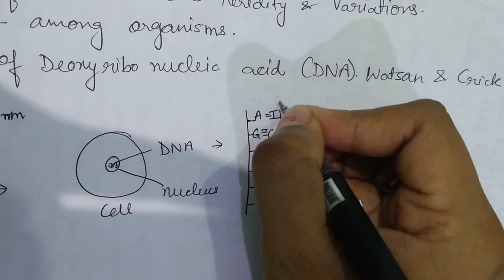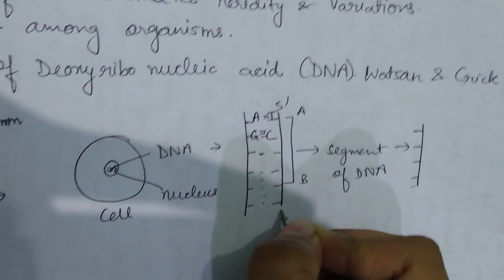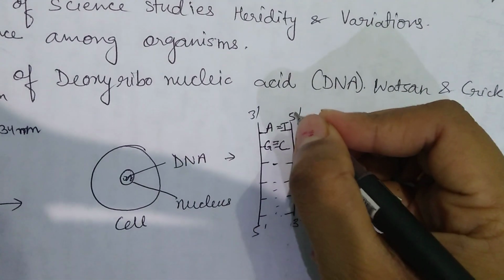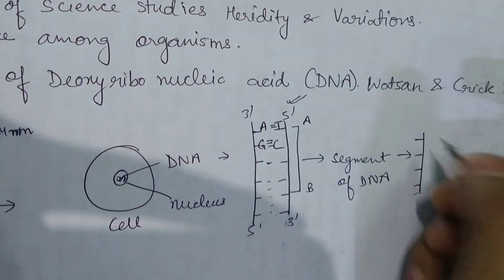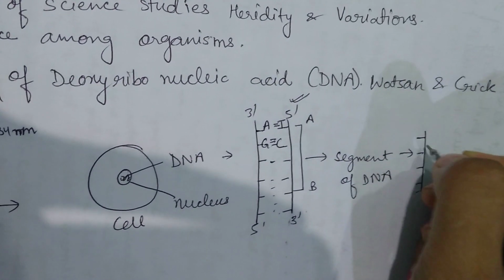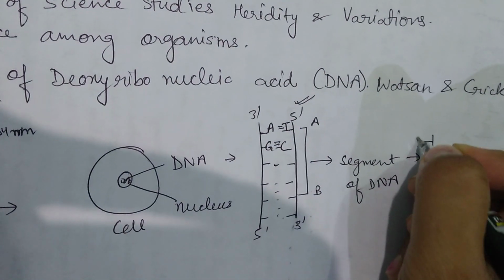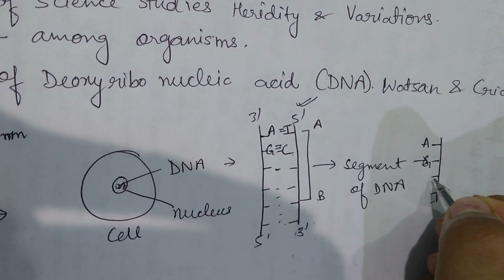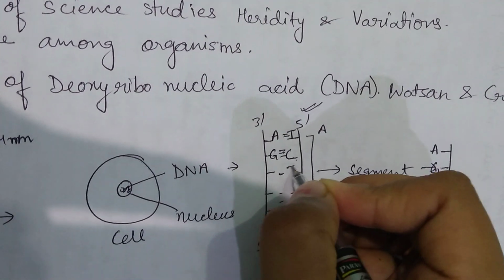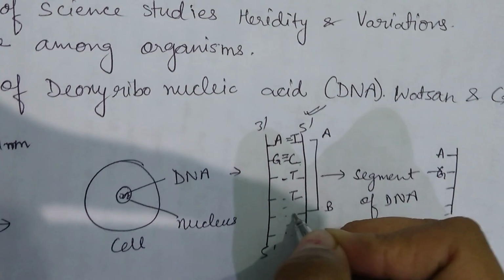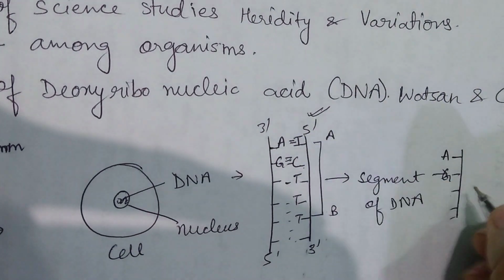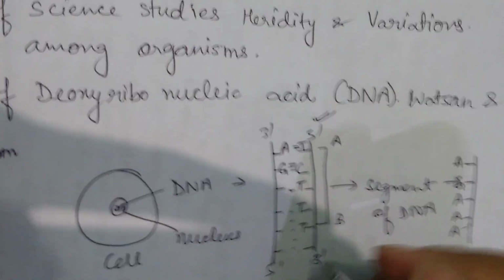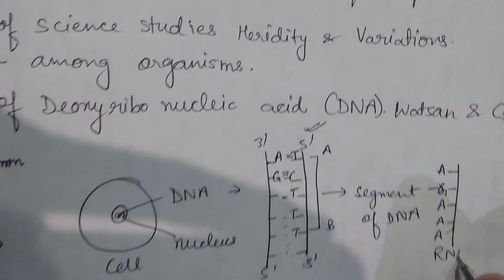If it is prepared from the 5' to 3' strand, then in place of T it will have A, in place of C it will have G, and if there is T again, it will have the opposite of thymine, that means adenine. So the RNA is the copy of the DNA.